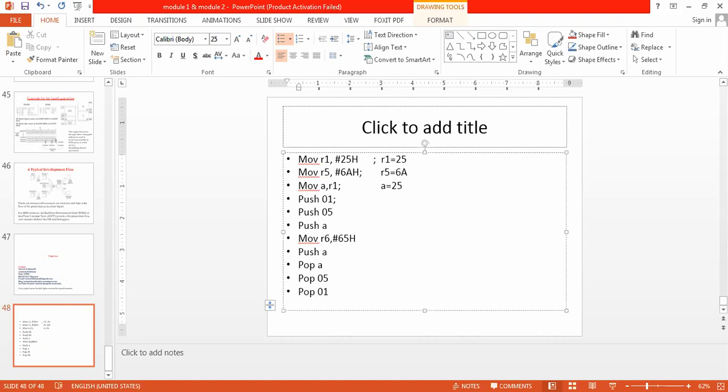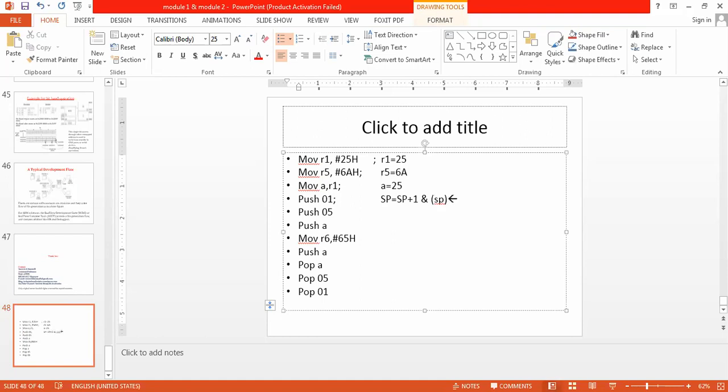Then push 01. So what is 01? 01 is the address of R1, no? So what is the value of R1? It is 25. So push 25H. Where is it going to push? Now we know that SP will be equal to SP plus 1, and into the SP, that is into that memory, what will be stored?